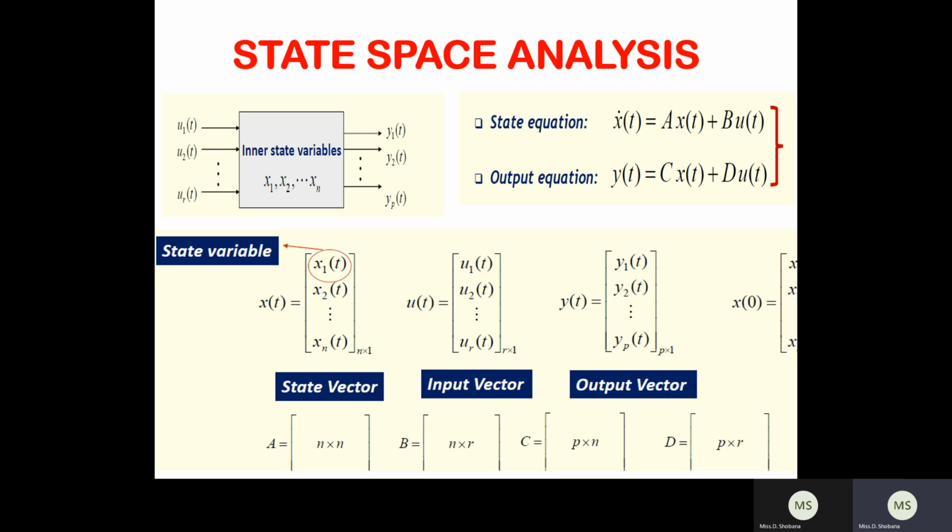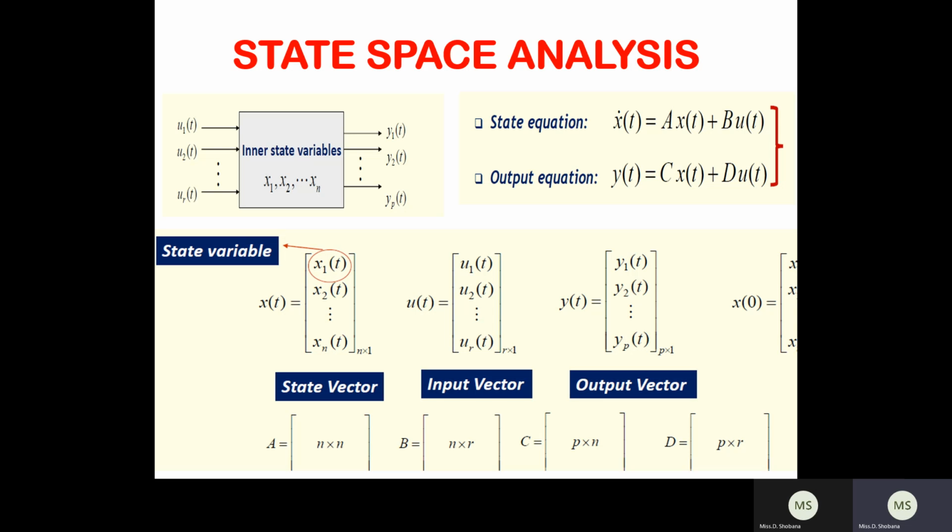If you have a control system with input quantity u of t, output quantity y of t, and system variables x of t, then the state space analysis of this control system consists of two equations: the state equation and the output equation.